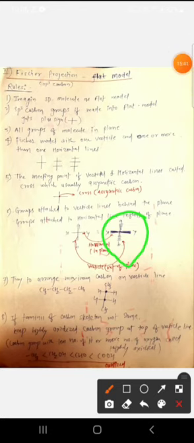So those groups which are nearer to the observer, we take as horizontal lines, and those groups which are away from the observer, we take on the vertical lines like this. Hope you are understanding.